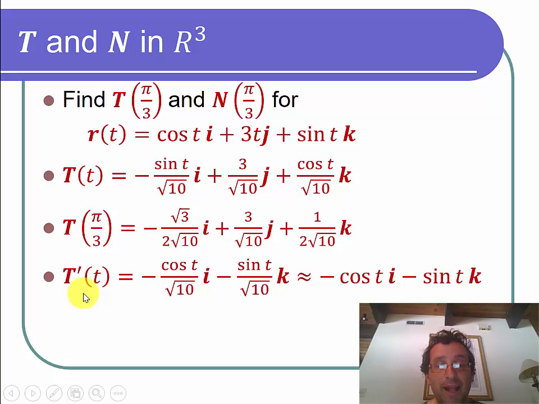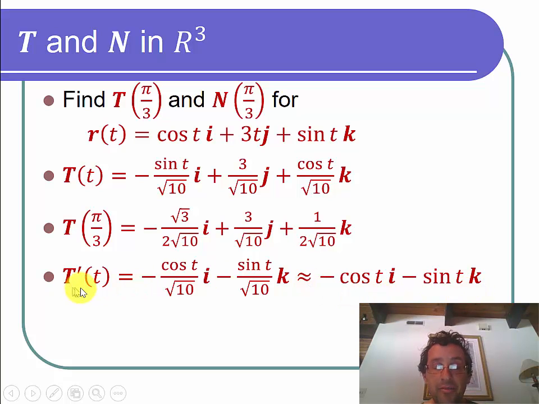So if we multiply by a positive constant, we don't change the direction. So we can just look at this and say, let's multiply by the square root of 10 for both of these. And when you do that, you get negative cosine of t i minus sine of t k.